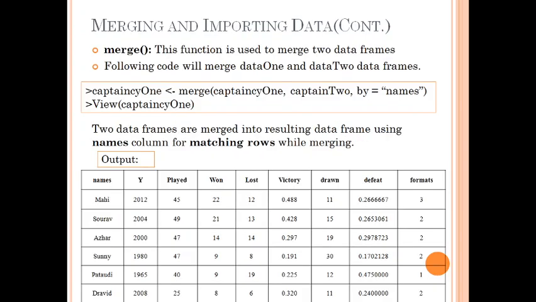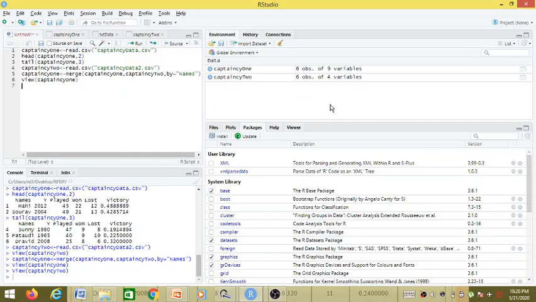Now some of you may ask what if there exists some matching column in both the data frames, but just the name of those columns is different. Like captaincy 1 has names and say captaincy 2 has captain name as the name of this column. So how to combine them? For that we could have used here by.x equal to names, comma by.y equal to captain name.